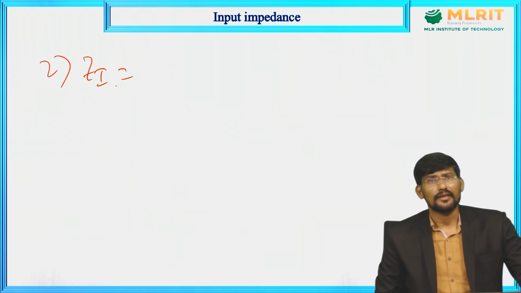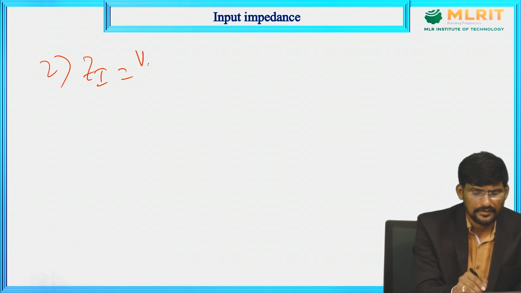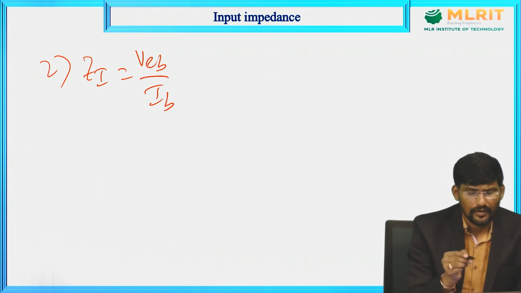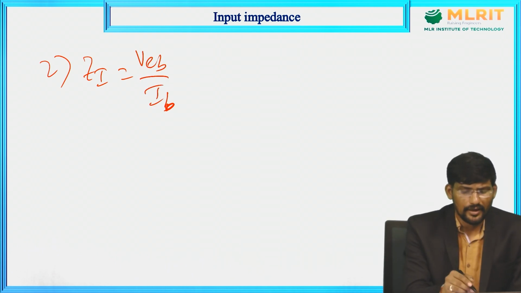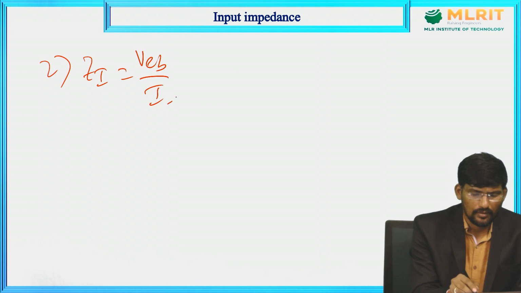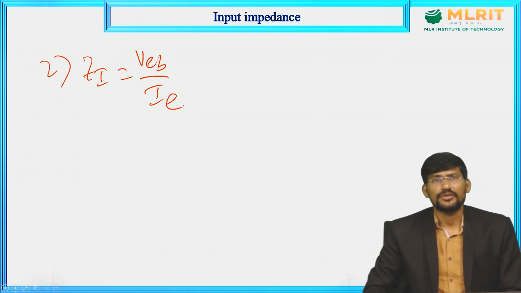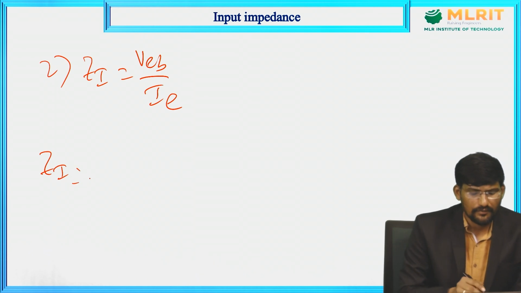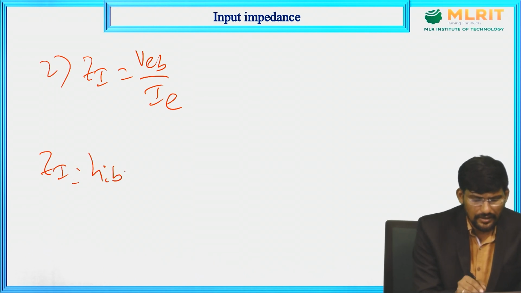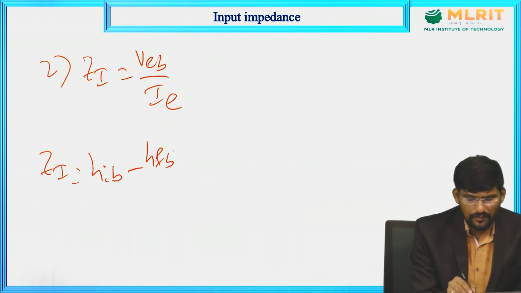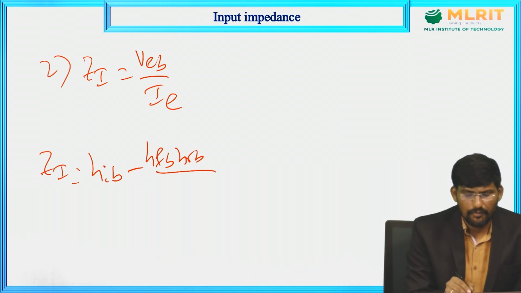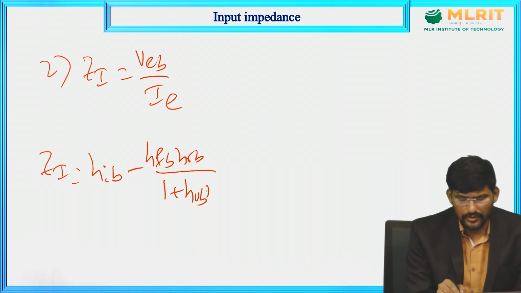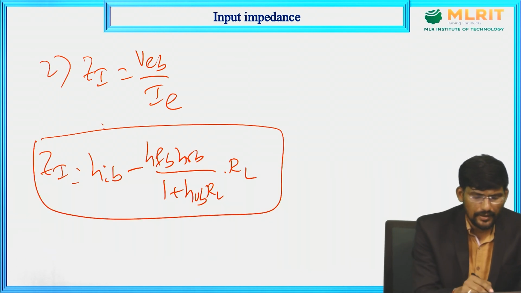Now we can write ZI is VEB divided by IE. It's a ratio of emitter voltage to the emitter current. Now according to the standard expression, ZI is HIB minus HFB HRB divided by 1 plus H0B into RL. Now the input impedance is depending on HIB.